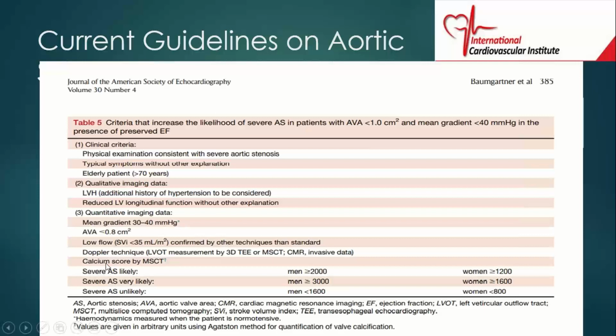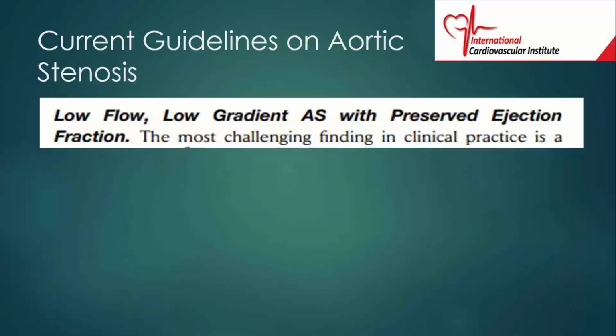A very important point is what we call a calcium score by multi-slice CT scan. If you have a lot of calcification, it's more than likely severe aortic stenosis. And these are some cutoff figures, but the essential thing is: is there a lot of calcification? Yes. Okay.